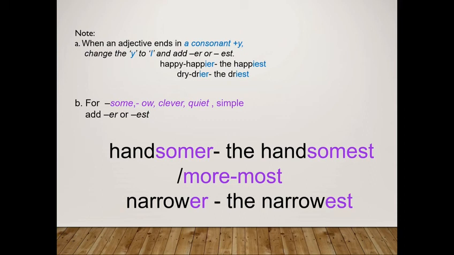Okay, whatever the word, if the word has some or ow at the end, like clever, quiet, and simple, or the last letter is y, we must apply the one syllable form in comparison degree. Okay, please remember that.